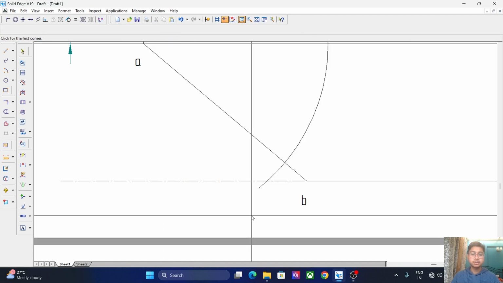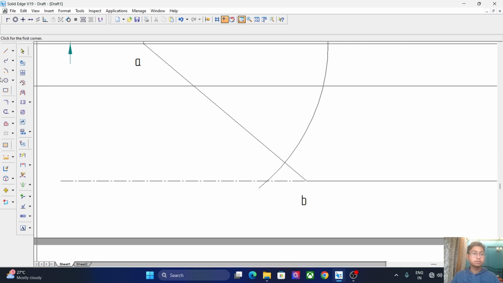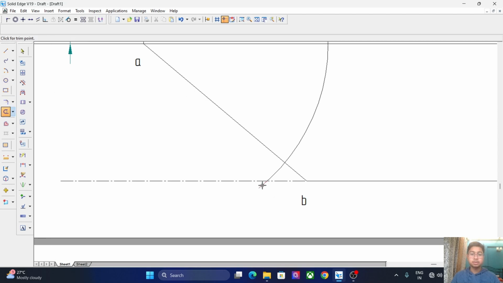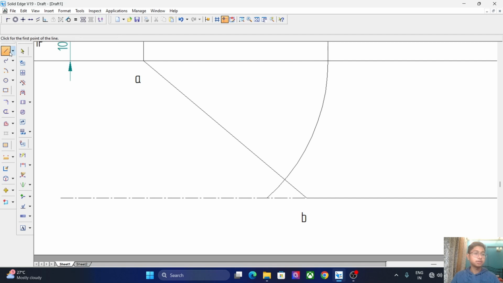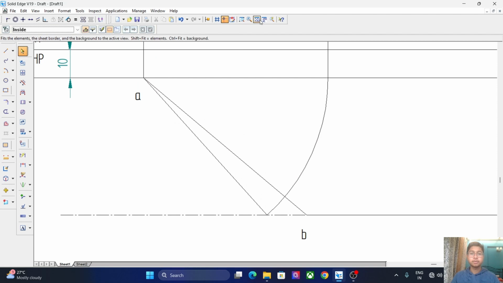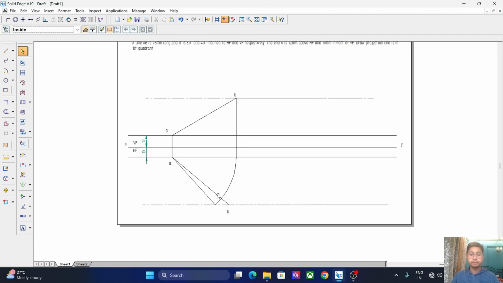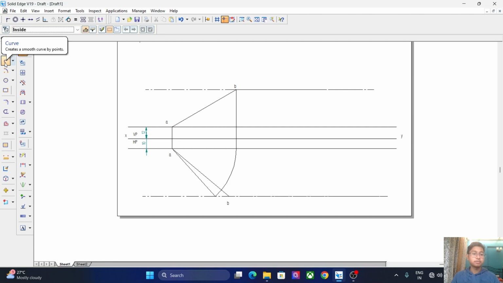Now we can see it is intersecting somewhere here. So we will trim the unwanted part, and now we will join these two as thin lines. Similarly for the below VP, we will use the same as it is.